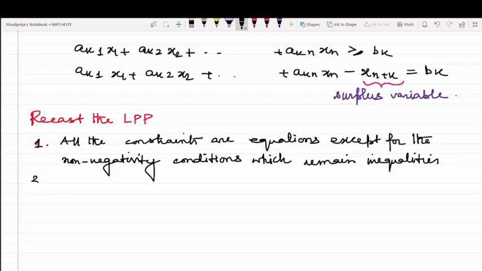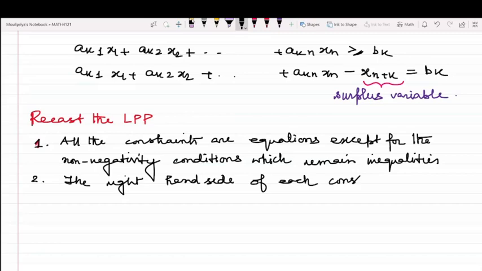What is the second point? The second point is the right-hand side of each constraint equation is non-negative.